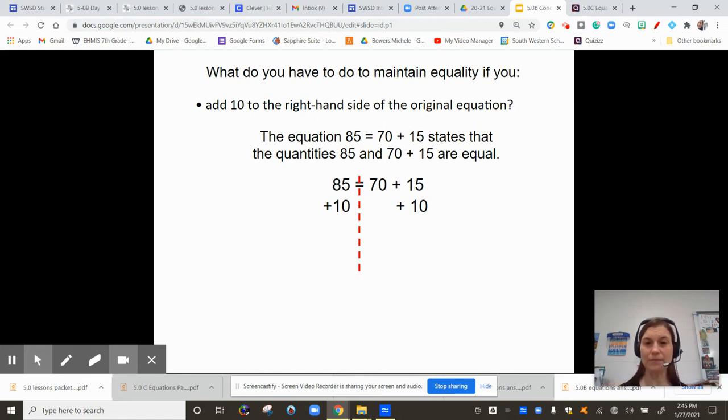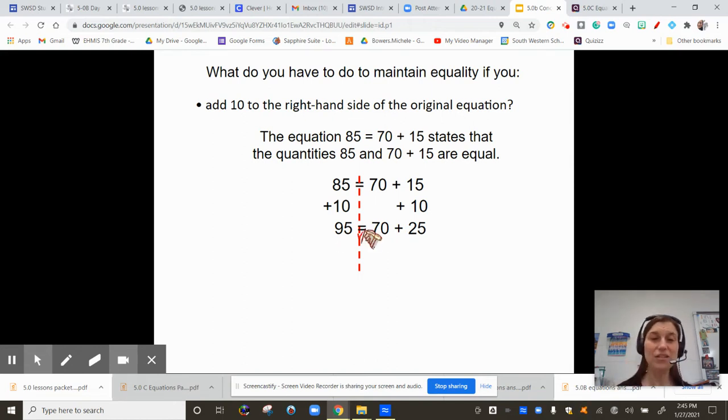On the right, I didn't do anything to the 70. It's still there in the same place. But over here on this side, there was an addition problem. 15 plus 10 is 25. Now, is this true? Does 70 plus 25 equal 95? Yes, it checks.